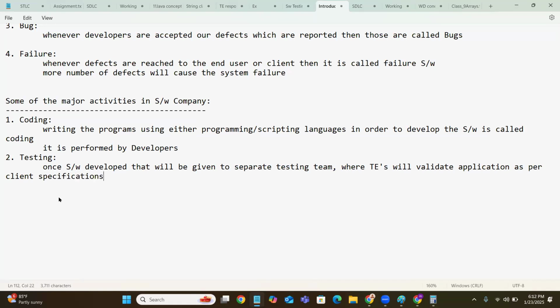Whatever the client needs, as per those client specifications we do the testing, which is called testing here, performed by the separate testing team.